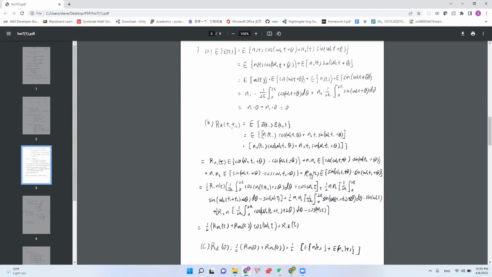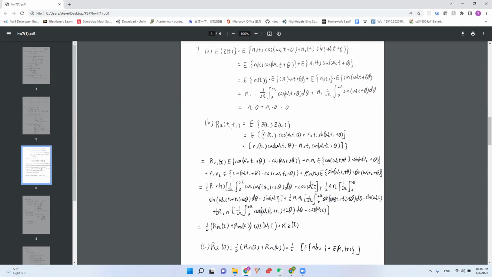N2 times N2 becomes R_N2(tau). The cross terms, N1 times N2 and N2 times N1, remain the same, as right over here. After that, we can start calculating the entire thing.